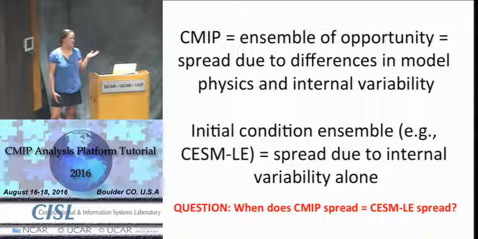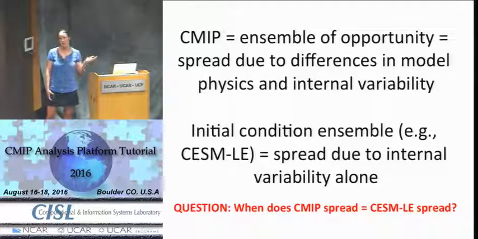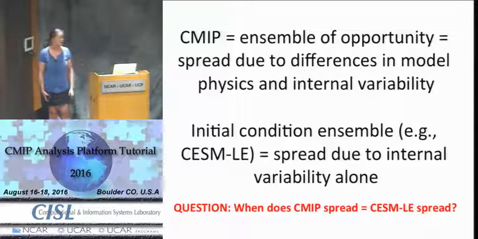And something like an initial condition ensemble really lets you look at the spread due to internal climate variability alone. So a question you should be asking whenever you're doing an analysis with CMIP is, how does CMIP spread compare to just internal climate variability? You could use the large ensemble, you could use other ensembles, you could even use an 1850 control run, and that would help get at that type of question pretty well.